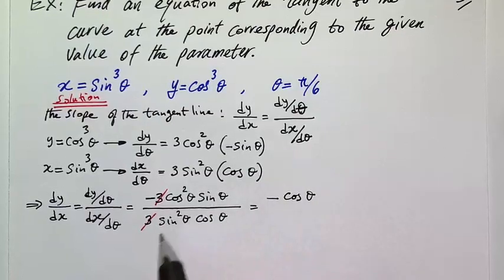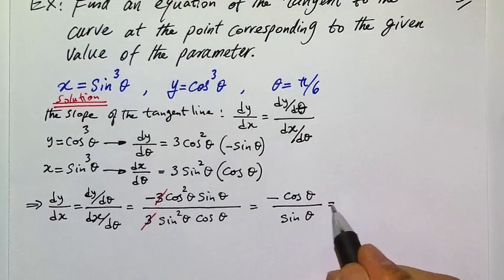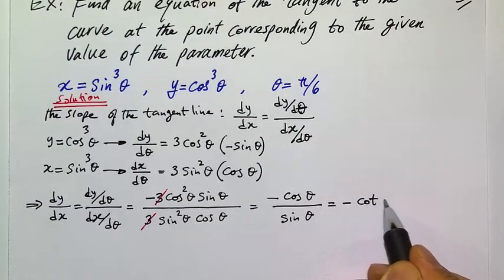Since we have sine squared theta, one of those cancels with the sine theta, so we end up with just sine theta in the denominator. And what is this? This is cosine theta over sine theta, which is just cotangent theta, so we end up with minus cotangent theta.